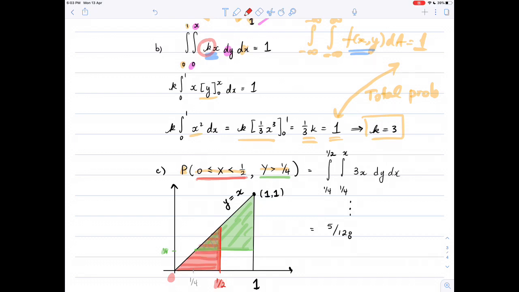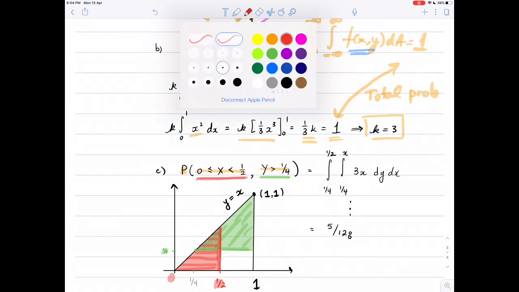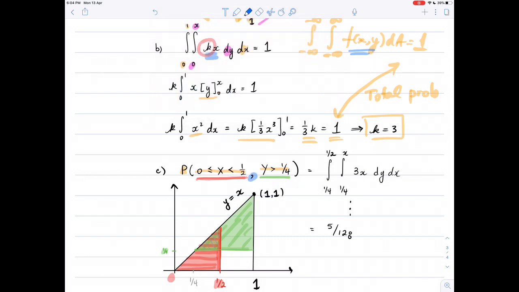We want those to be true at the same time. That's what this comma means, and, which is the same thing as the intersection. So we are looking at where those two regions intersect, which is this triangle that I am shading in blue, where the red overlaps the green. That is our triangle of intersection.